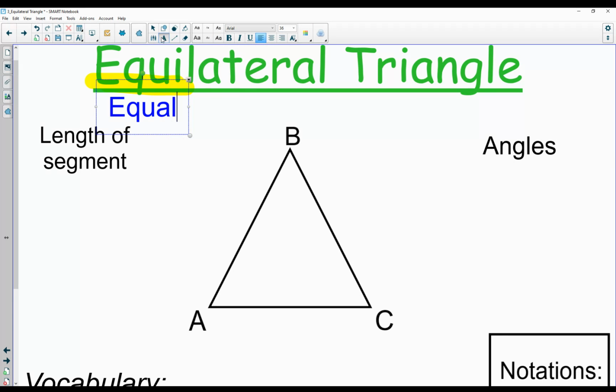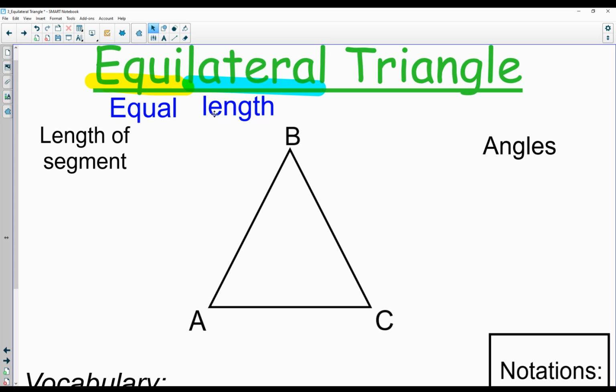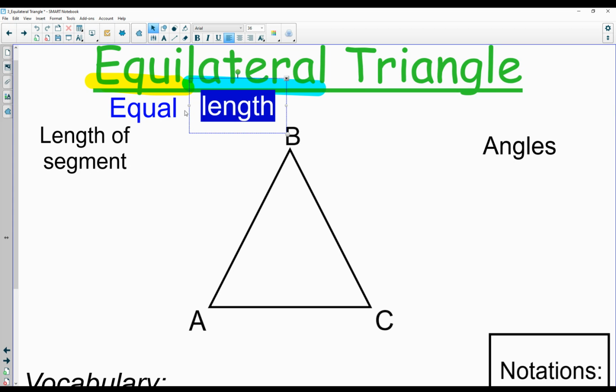And lateral, this part here, is referring to length. So it's truly a triangle with equal length. So the sides are equal in an equilateral triangle. All three sides are actually equal.